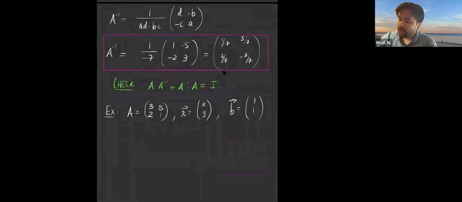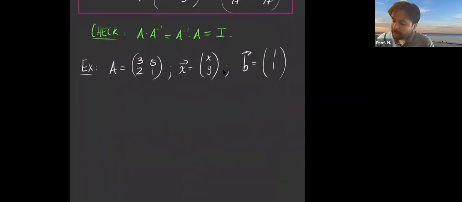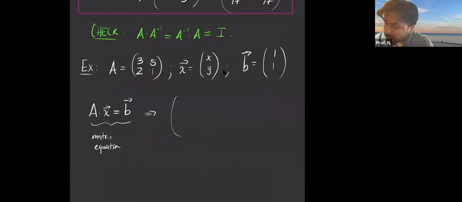So what does this represent? If I do this, A multiplied by X arrow equals B arrow. What is this matrix equation representing? It represents this, right? 3, 5, 2, 1, times X, Y equals 1, 1.